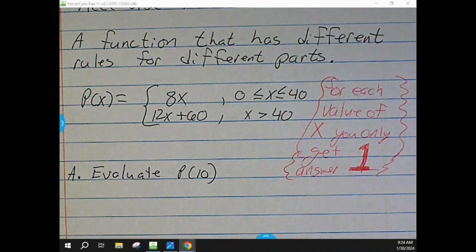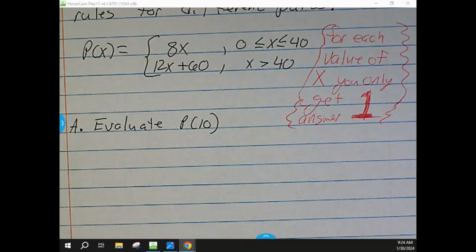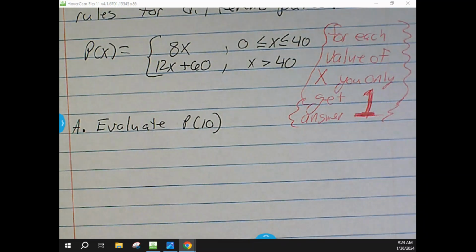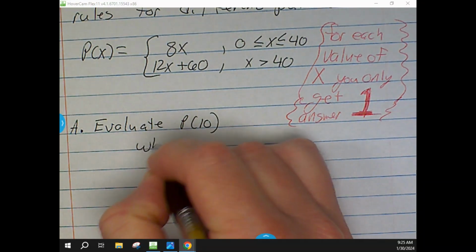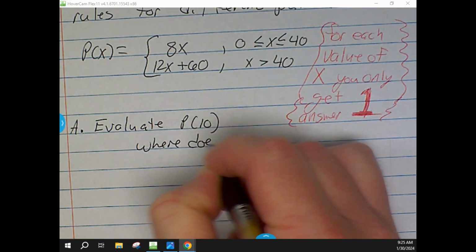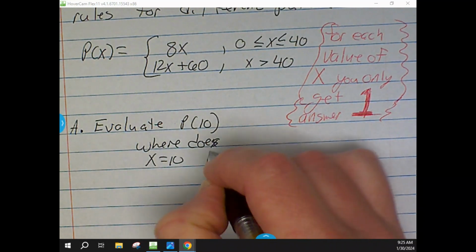So they'll do something like this. They'll just tell you to evaluate P of 10. Okay, so with evaluate P of 10, here's the question: where does x equals 10 fit?